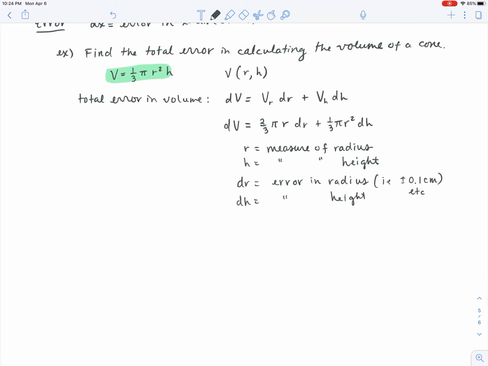So let's do a quick example of finding the maximum error in calculating the volume of a box.